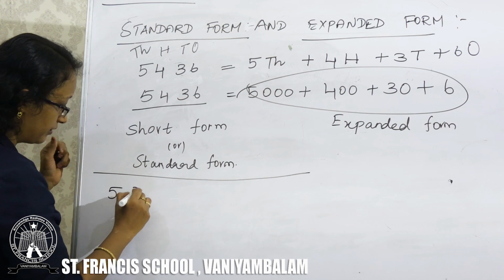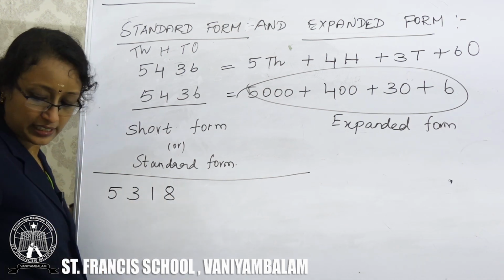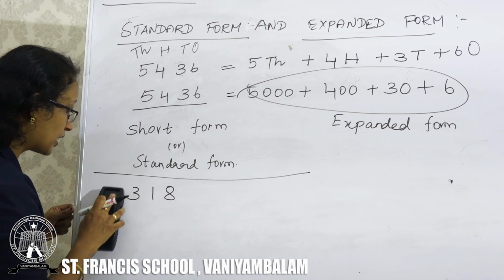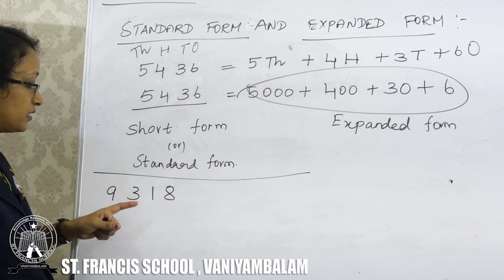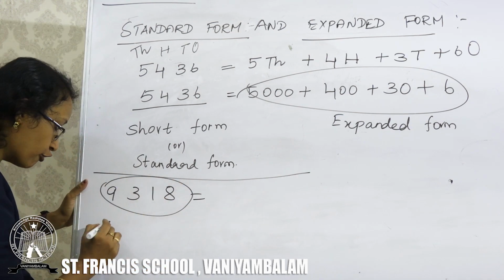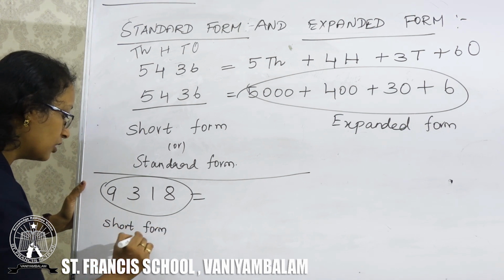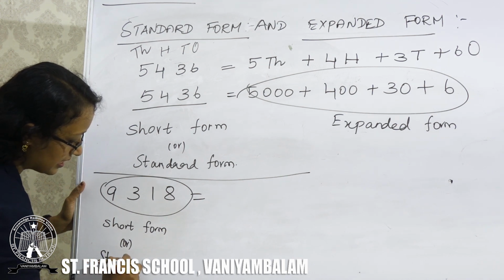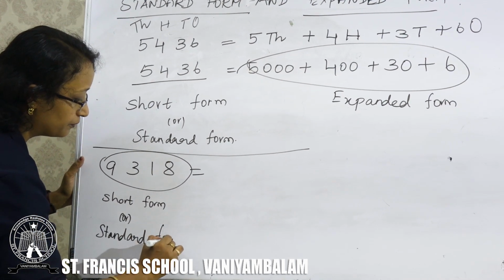Okay, we'll take some other number in the thousands place, then you can understand easily. 9318. So this is the short form, right? This is your short form or standard form.